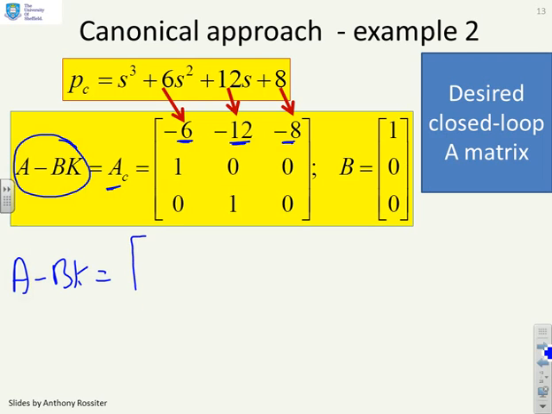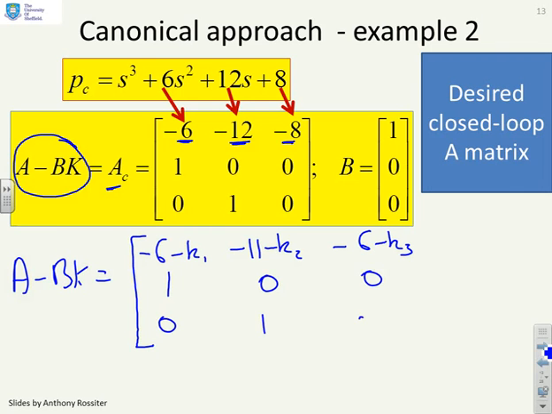Well, it's given by, if you look at the original matrix that you had, -6 minus K1, -11 minus K2, and -6 minus K3, and then 1, 0, 0, 1, 0, 0.